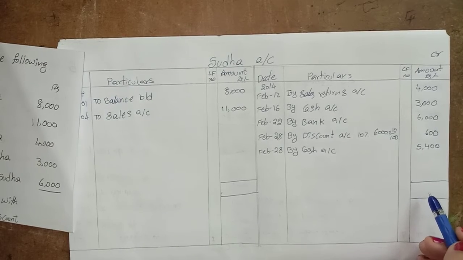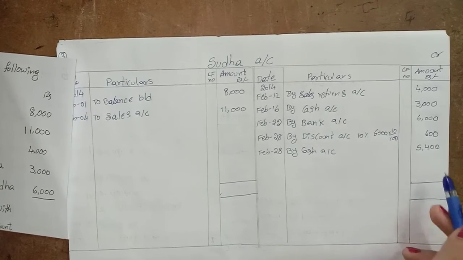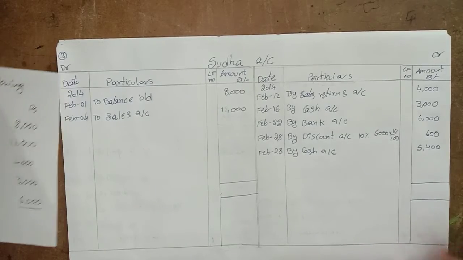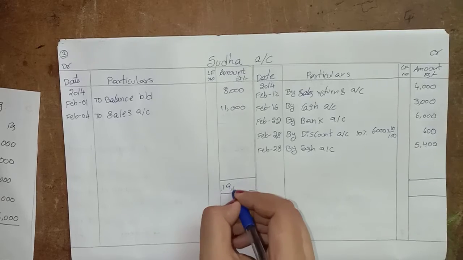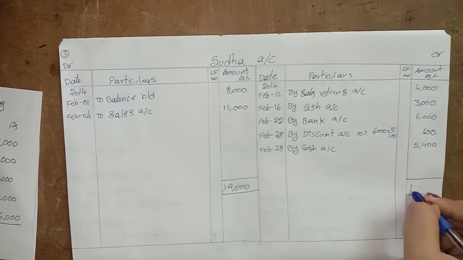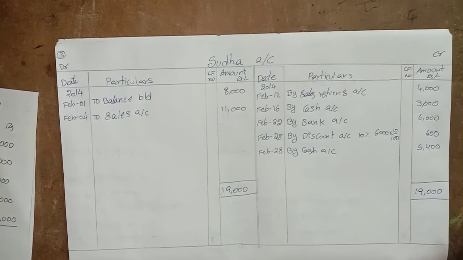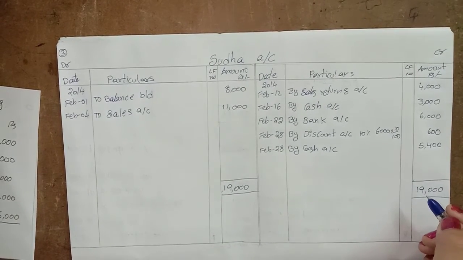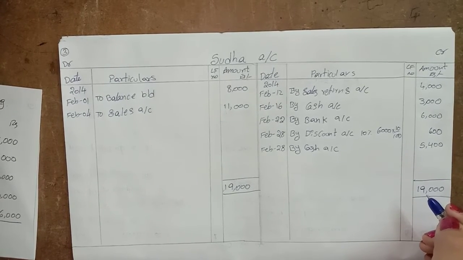So there is no carried down and brought down amount. This amount has been tallied for both debit and credit columns. So we didn't carry or bring any amount.